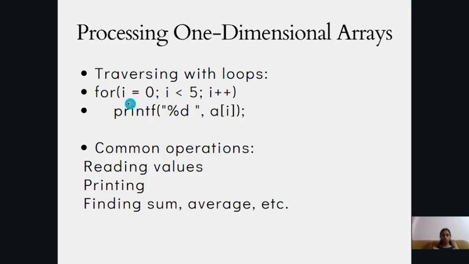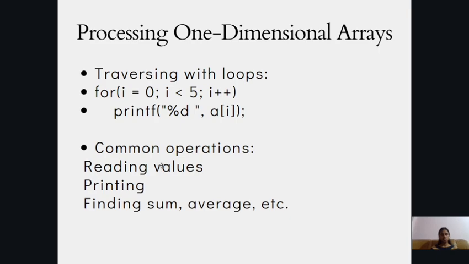The code for (i = 0; i < 5; i++) iterates from the first element at index 0 to the fifth element at index 4 and prints the value of each element, a[i].